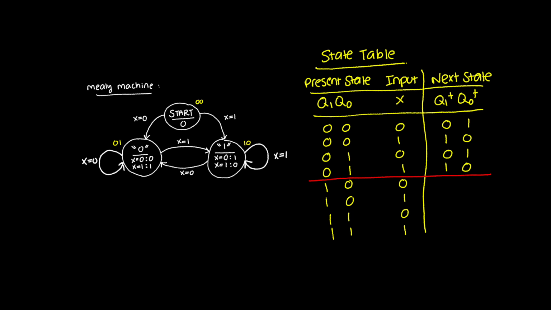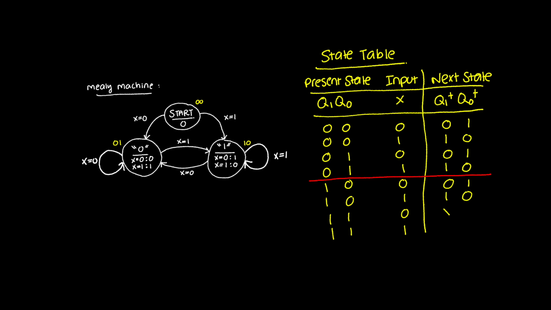Similarly, if I am in state 1, 0, that's this, and I get a 0, the next state that I'm going to be in is 0, 1 to indicate that the last incoming bit was a 0. If I'm in state 1, 0 and I have a 1 incoming, my next state is going to remain state 1, 0.